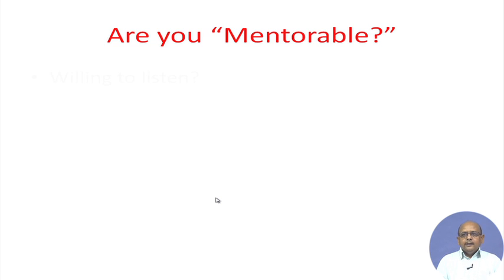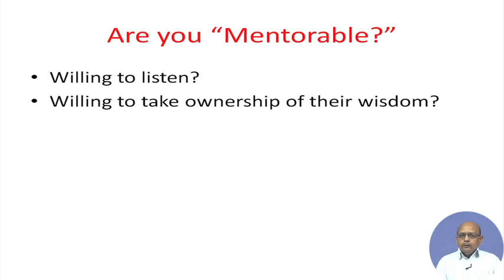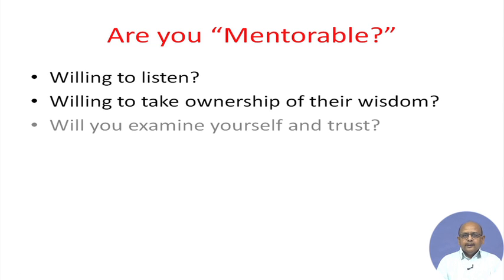This question is raised by mentors, and if you look for certain qualities and find them, then he is definitely mentorable. Like if he is ready to listen, yes, this is one important quality. If he is ready to take ownership of his wisdom, to make use of his knowledge and skill base to perform, and to take assignments, challenges and responsibilities based upon his knowledge and skill base.